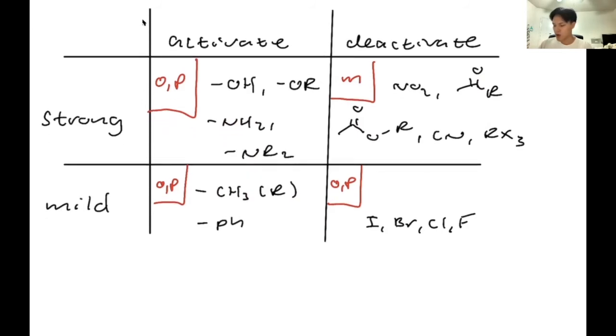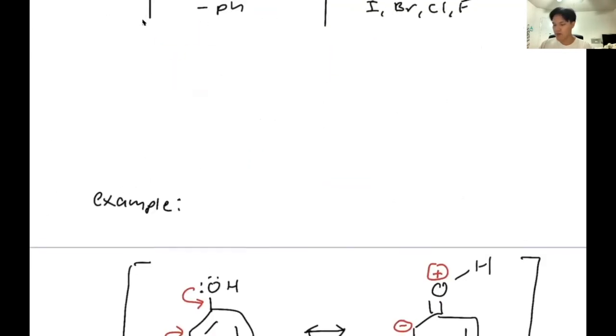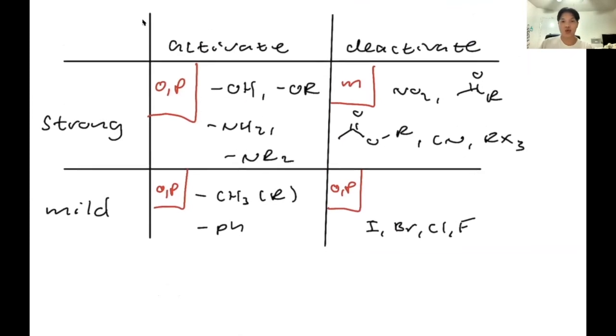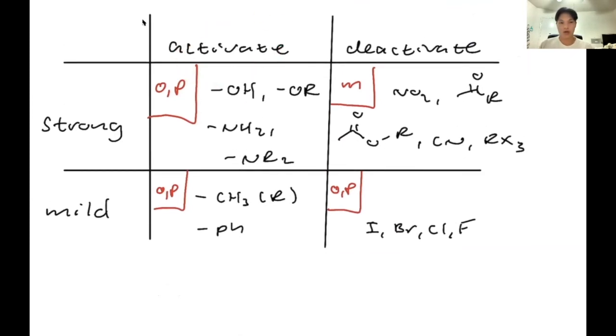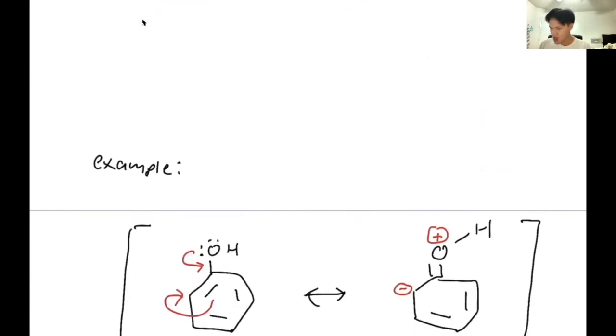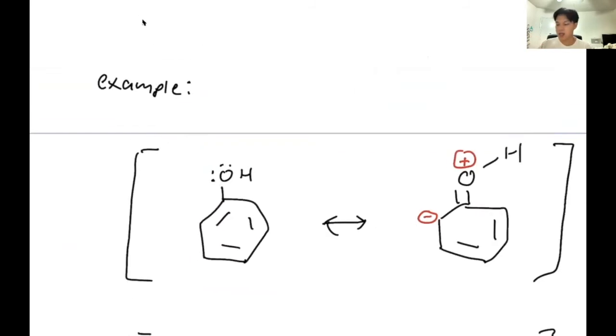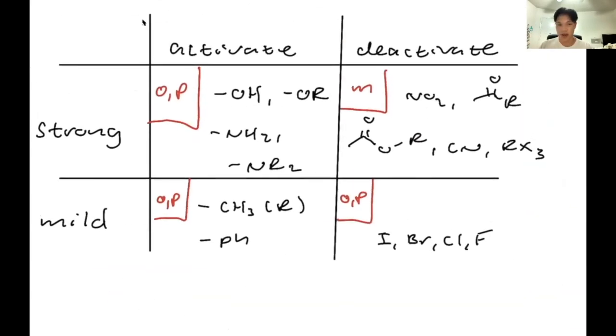Okay, so I have some examples of how, let's go with OH, this is a strongly activating molecule, right? So let's say we have this OH group right here. Let me just erase the resonance arrows. So again, I listed OH up here as a strong activator, right?